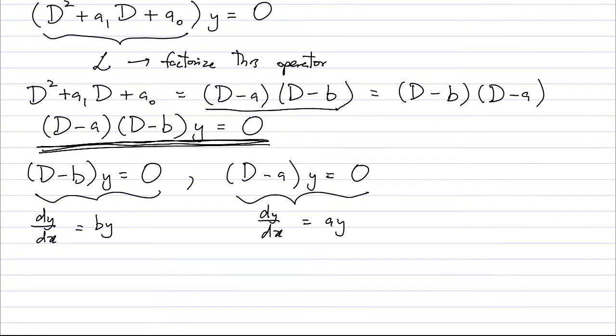The solution to this differential equation is straightforward. The solution to this is e raised to power bx. The solution to this is y equal to e raised to power ax.